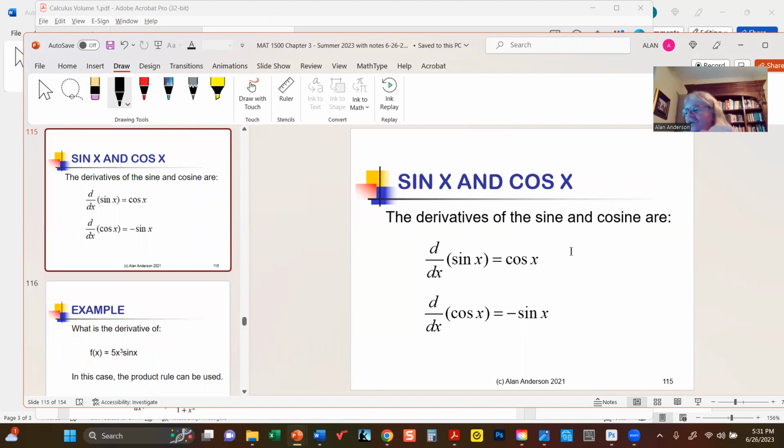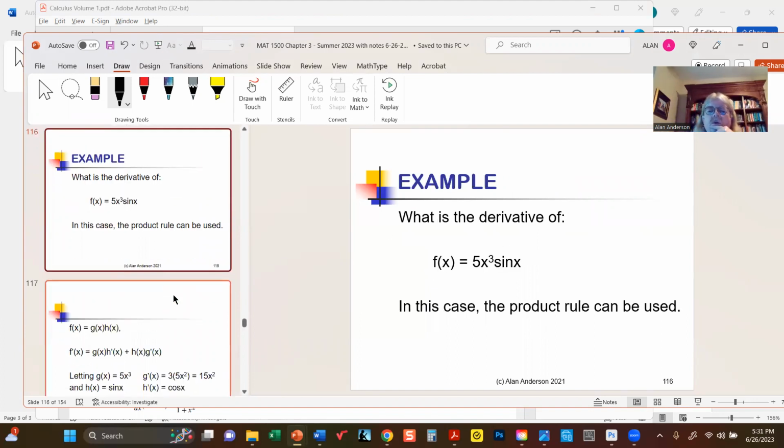Now, let's take a look at an example. Ooh, now you can see right away something's different. So it turns out this is really nothing but the product rule. You can think of this as g of x and h of x.